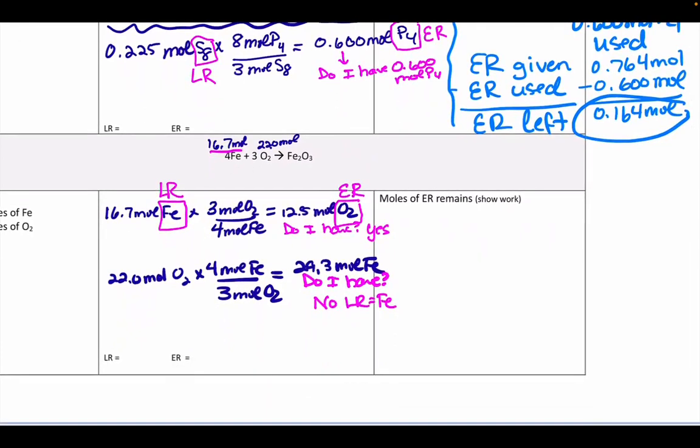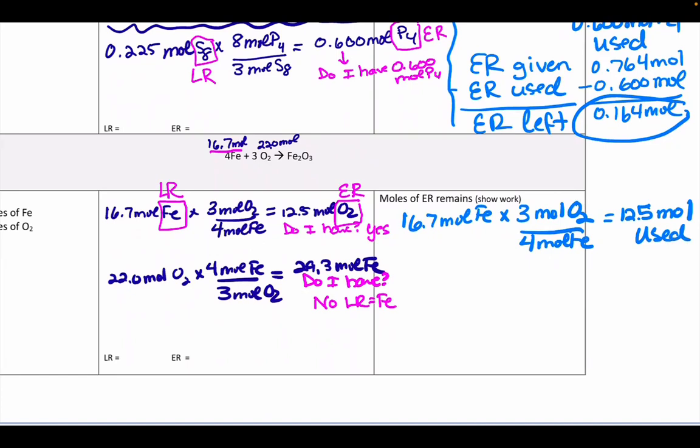So here in this problem, remember our LR, start with your limiting reactant, convert it to the excess reactant, and just assume that I didn't already do this, depending on your chance whether you did it or not in the previous part.